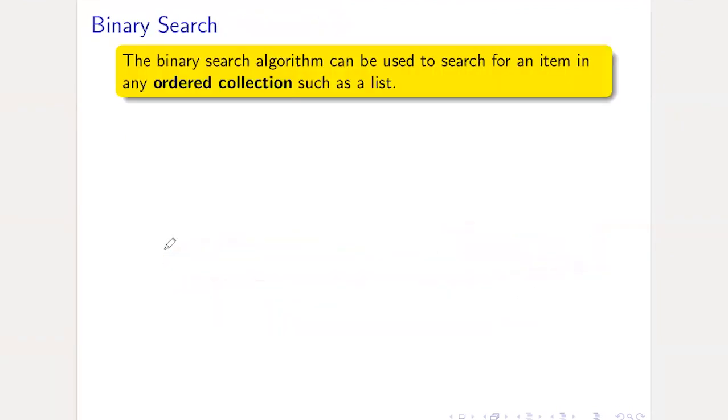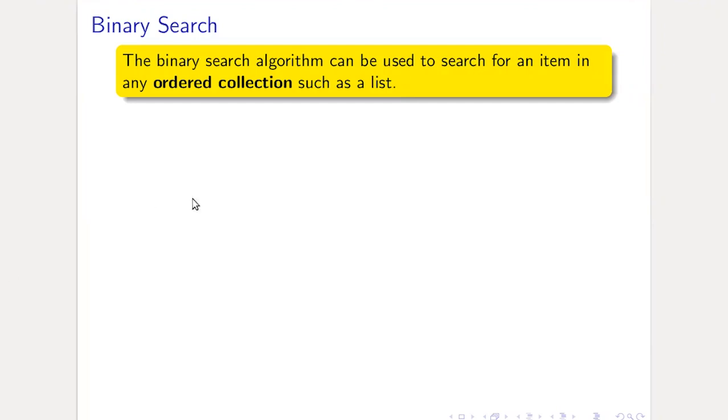Now let's look at the next search algorithm, binary search. The binary search is again usable in an ordered collection. The previous one, the sequential search, is applicable for any linear storage structure, that means iterable, but need not be ordered.